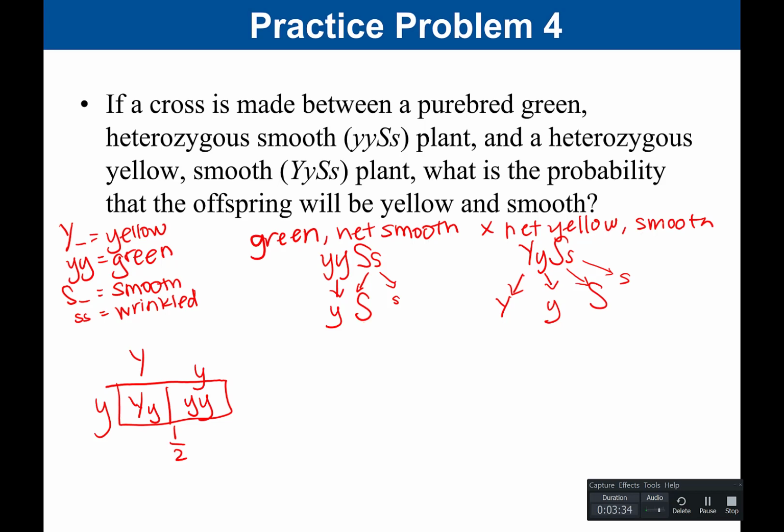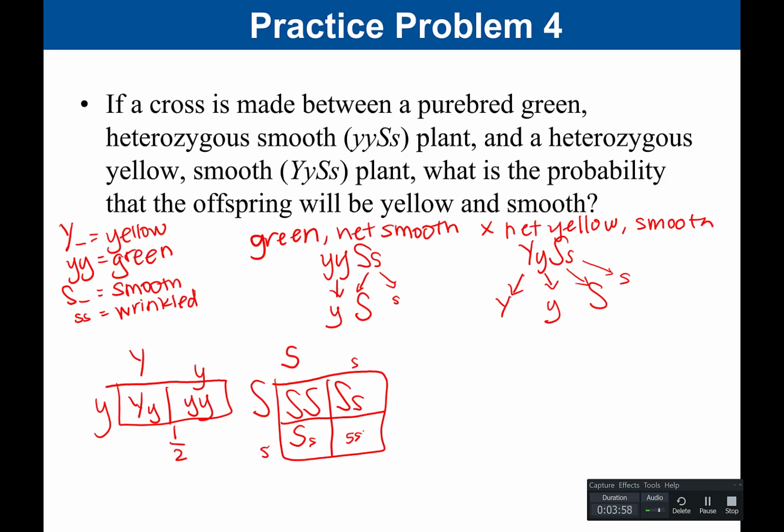And we're crossing that with another heterozygous smooth, which is big S, little s. So now I need to put my gametes on the outside of my Punnett Square and then fill in the result. So big S, little s on the outside of both sides of my Punnett Square, and then I fill it in. Big S, big S, big S, little s, big S, little s, little s, little s.